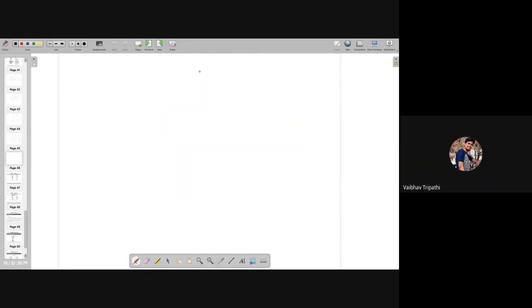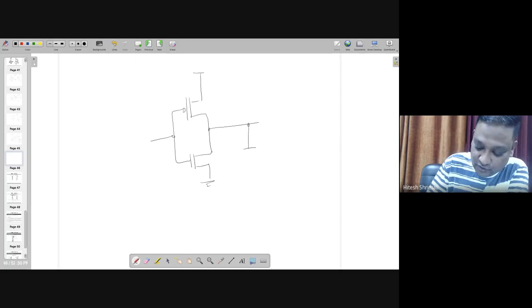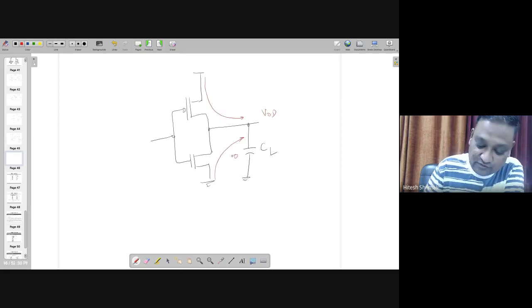Okay, maybe you missed this one: if it is an inverter, either side will be connected to the load capacitor, right? So in one case, it's charged to VDD, and in one case, it's charged to 0.